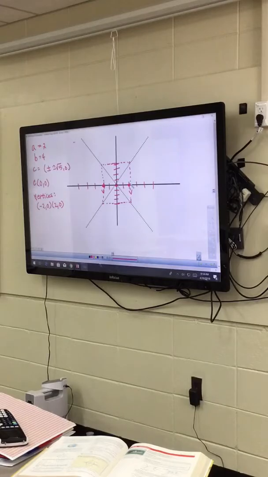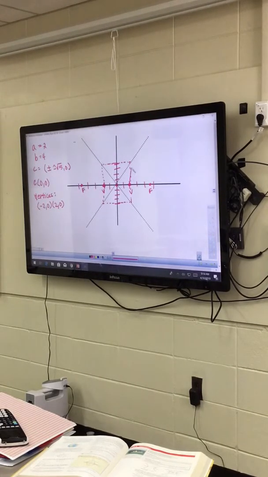And how do I know to do that? Well, c is the distance between that center point and your foci. So I have to go over 4.47. So these are my foci points. That hyperbola is never going to cross those asymptotes, but it approaches them.